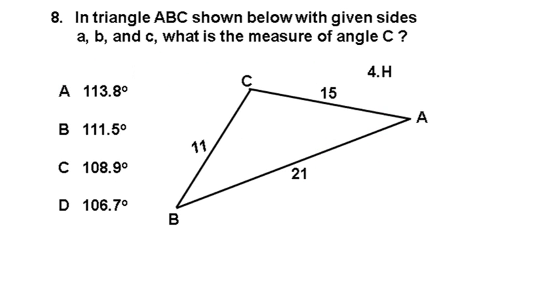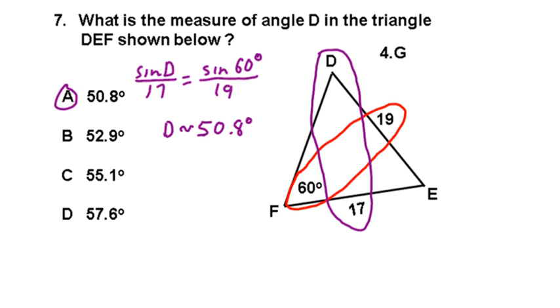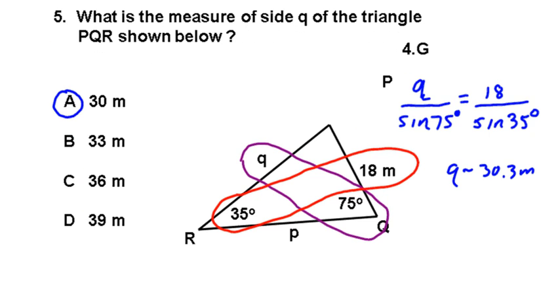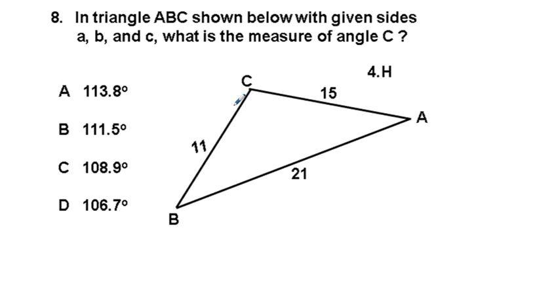Next, 8. Now this 8 should recall a problem that came up earlier on this test, problem 4. You just have 3 sides, and we're going to try to find angle C. In this case, we have our side c, which is opposite angle C, which is 21.